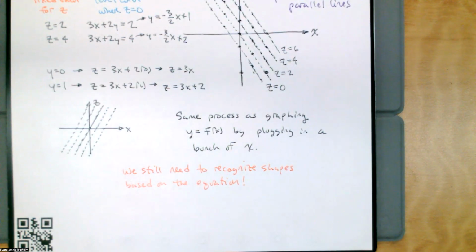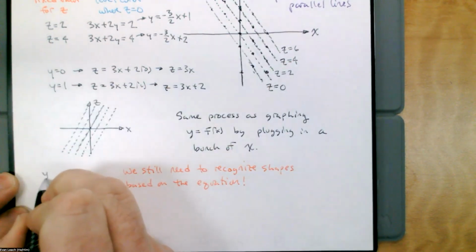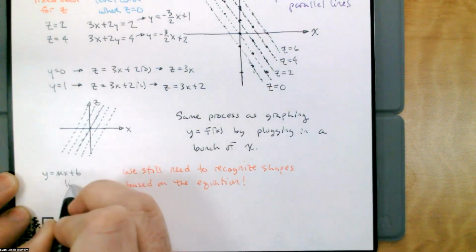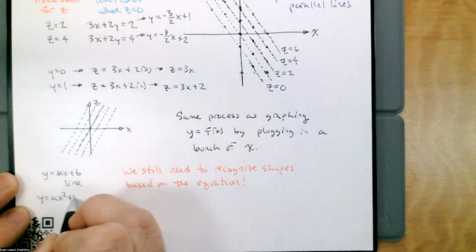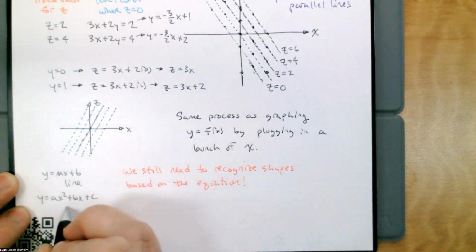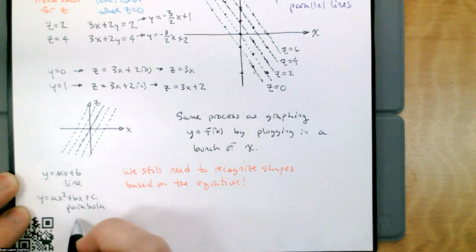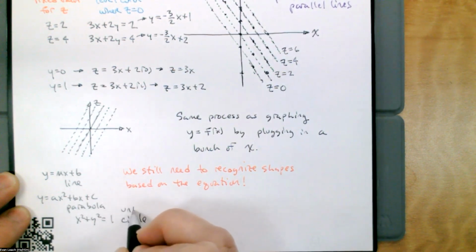We still have this job: recognize a shape based on the equation. When I write y equals mx plus b, you think line. When I write y equals ax squared plus bx plus c, you think parabola. When I write x squared plus y squared equals 1, you think circle, specifically the unit circle in this case.